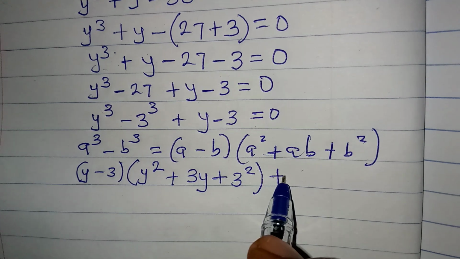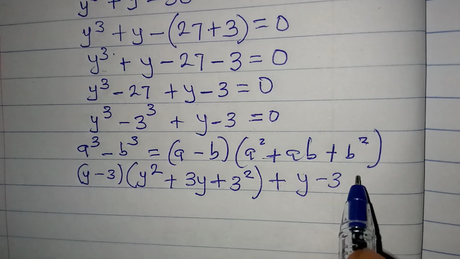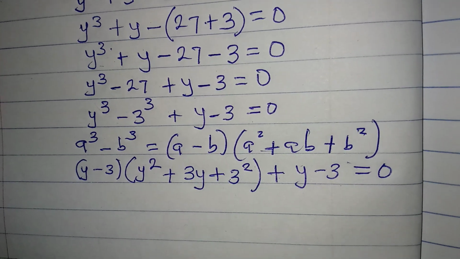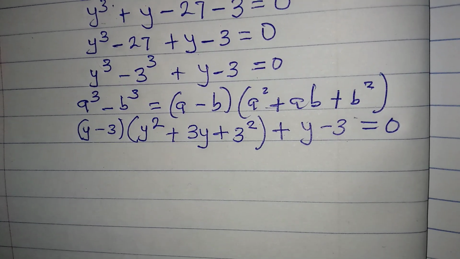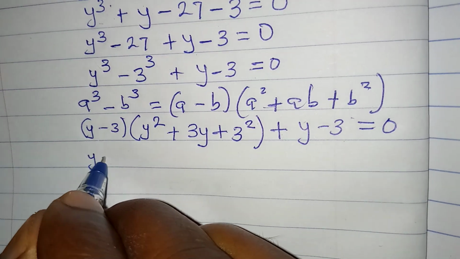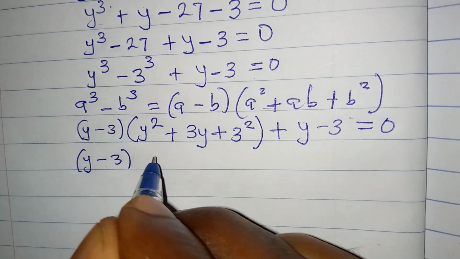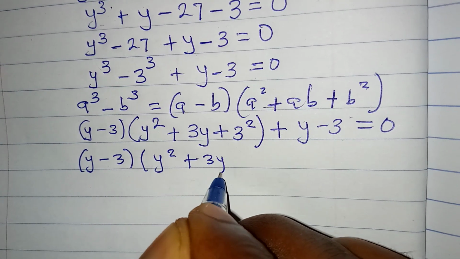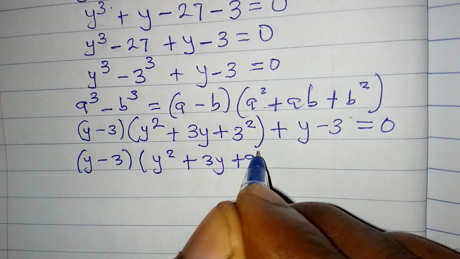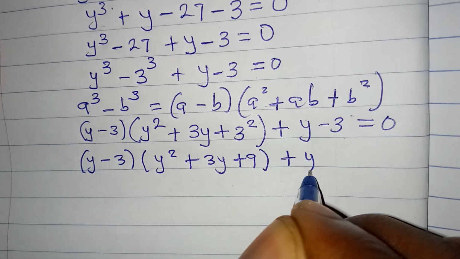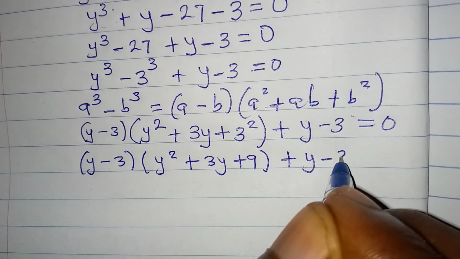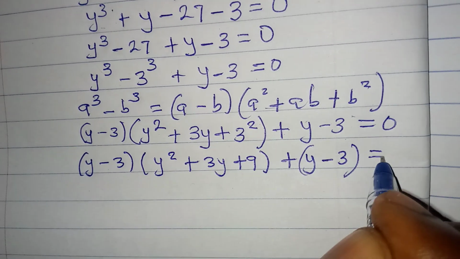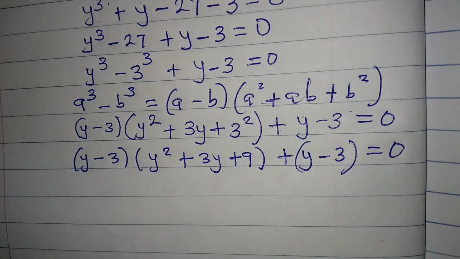Then I have plus y minus 3, and everything is equal to 0. Now we continue. This is the same thing as y minus 3 into y squared plus 3y plus 9, then plus y minus 3. If you like, you can have this in bracket, and everything is equal to 0.